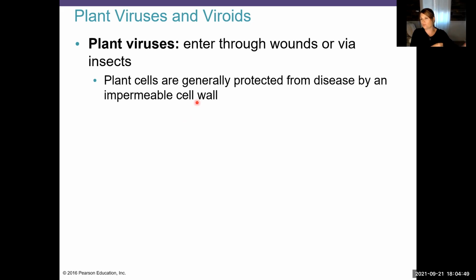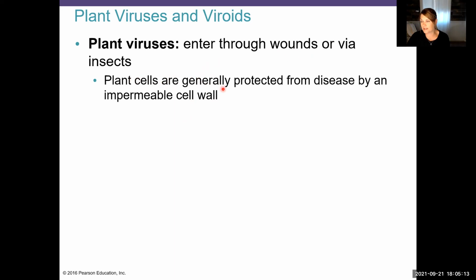They're really strongly protected. So there usually has to be some kind of wound to the plant, or insects will penetrate with a stinger or some kind of proboscis, some way that they can inject a virus into the plant. That's really all I want to say about plant viruses, but they exist. We know they exist.